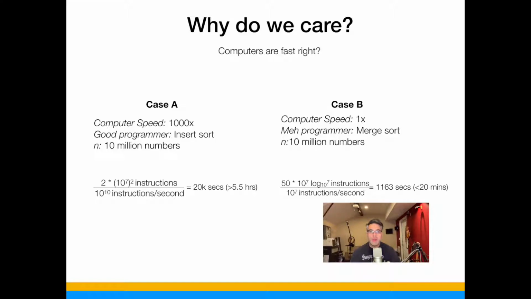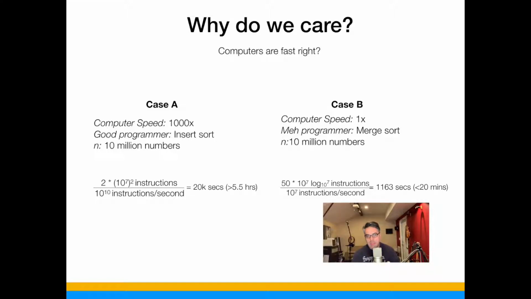So why do we care about computer algorithms if computers are fast? Let's assume two cases for sorting 10 million numbers in two different scenarios. In case A, we have a computer that is really, really fast, a good programmer using a poor algorithm, and 10 million numbers.